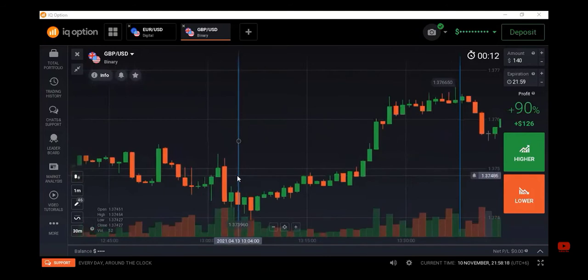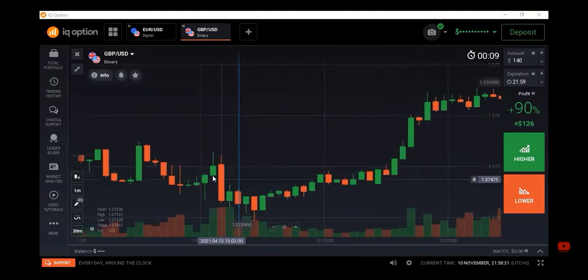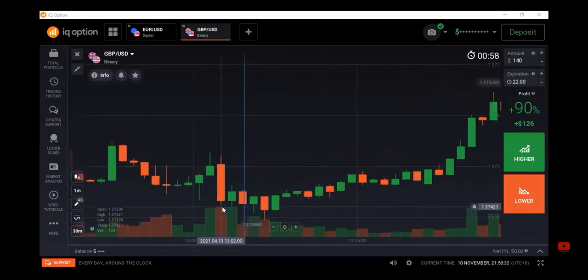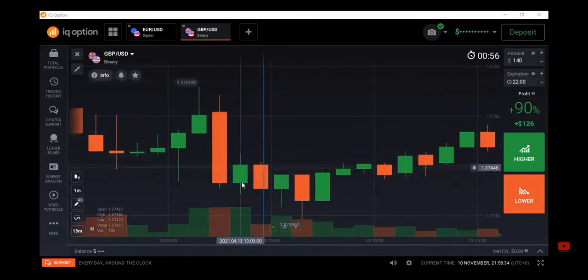If we analyze from here, this is a weak candlestick, and the volume is low here; this candle is a strong candle, and the volume is high here. This candlestick's volume is a little higher than the previous one, but the candlestick is very small here, which means a weak spread candle. This candle is weak, but the volume is high. Again, this candle is stronger than this one, but the volume is low.